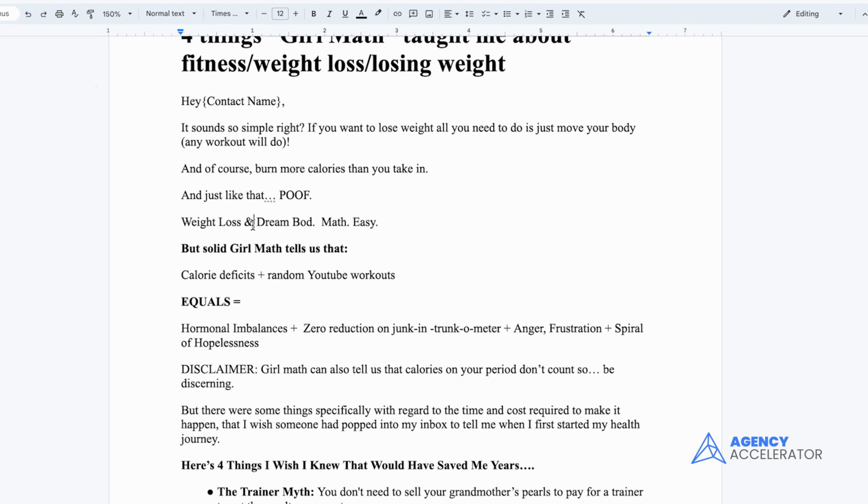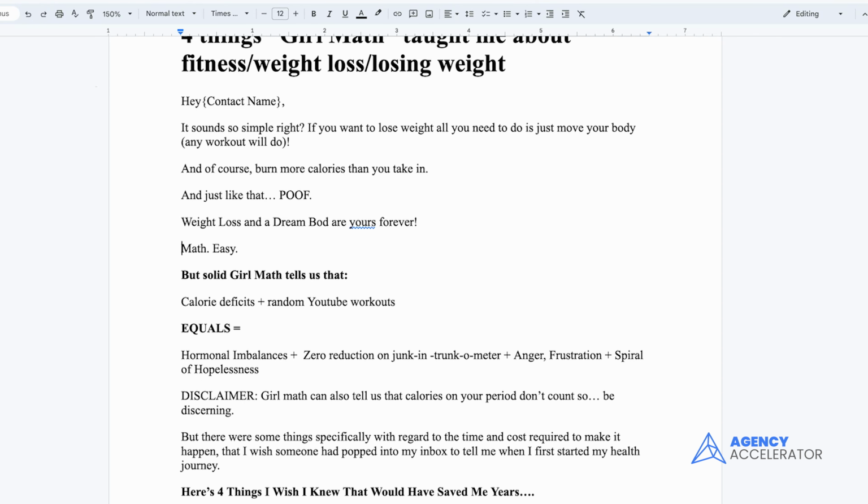Weight loss and dream bod are yours forever. It's just easy math. Weight loss, the dream bod. I might do it like that. Math, easy.